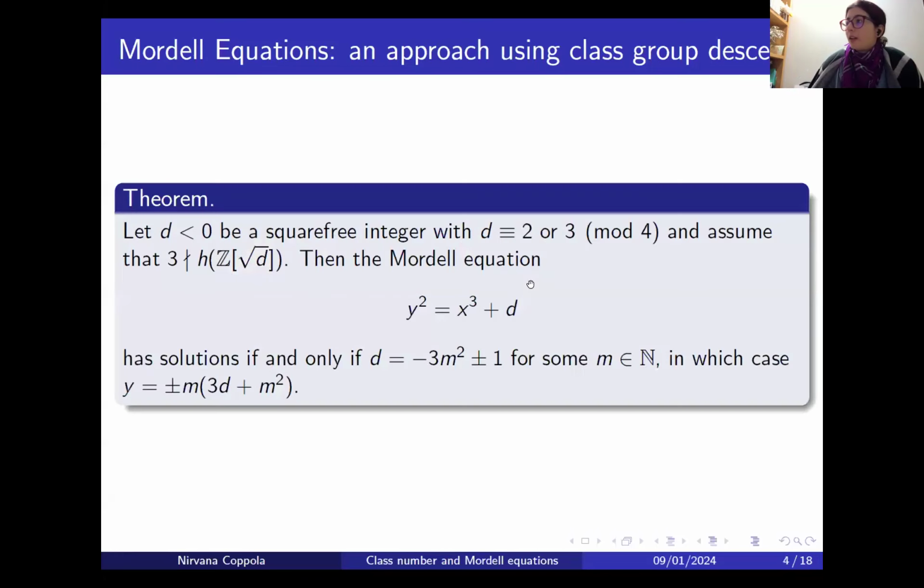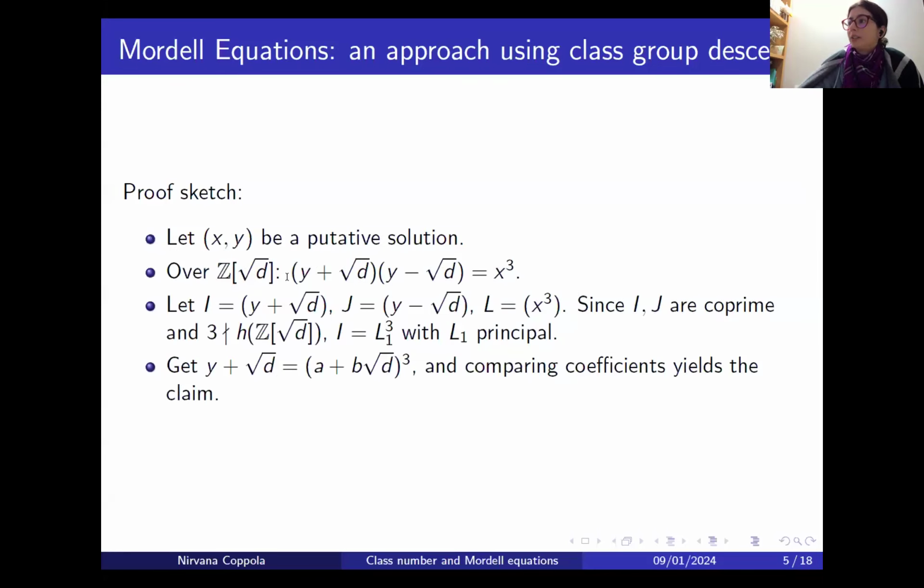We had y squared minus d equals a cube, so we would like to factor and say y plus square root of d times y minus square root of d is equal to x cubed. Now, if everything worked as for the integer numbers, we would say these two factors are coprime, the product is a cube, and then each of them must be a cube. The technical condition that we had to assume allows us to do that.